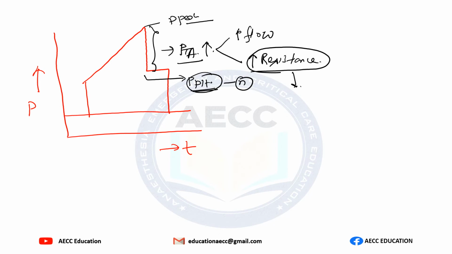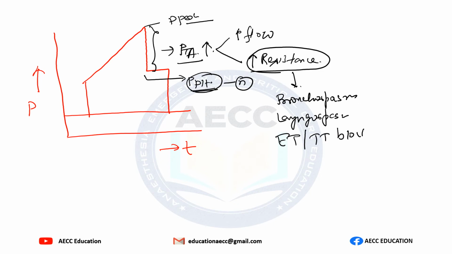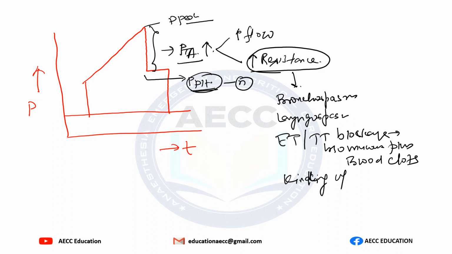Increased resistance is due to airway spasm like bronchospasm, laryngospasm, or ET tube or tracheal tube blockage because of mucus plug or blood clots, kinking of ET tube.